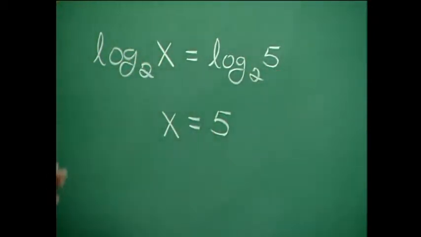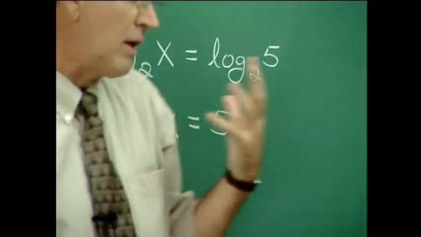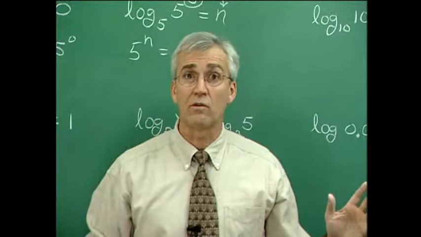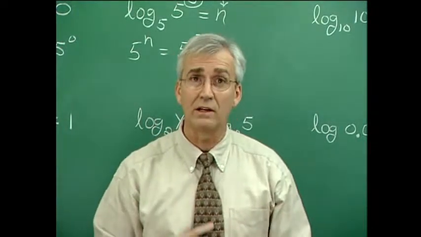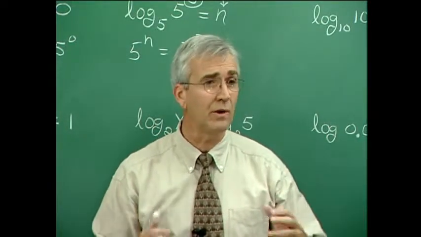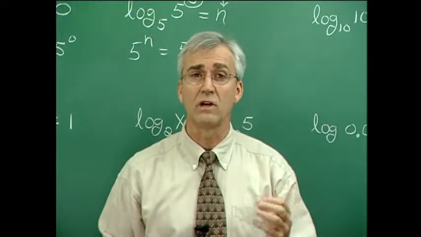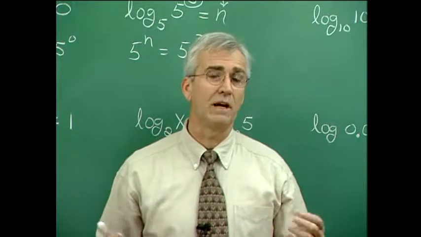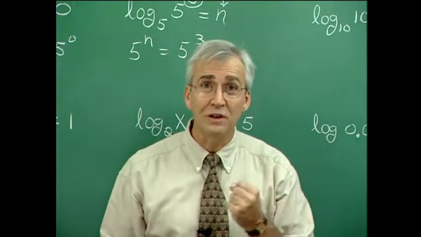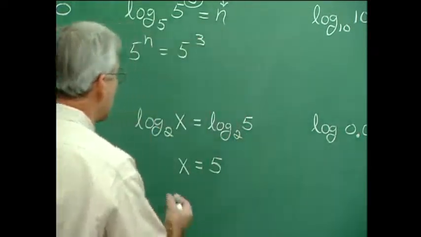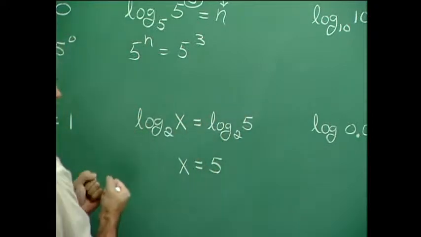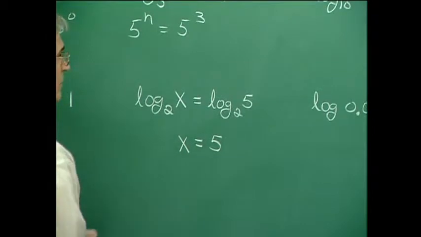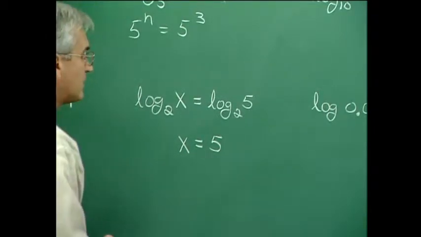If you think of logarithm as another operation, along with adding, subtracting, multiplying, dividing, exponentiation, absolute value, and radicals, many of those operations have inverses, undo sort of operations. If we undo the logarithm on both sides, then we have x equals 5. Just a convenient way to look at that situation.